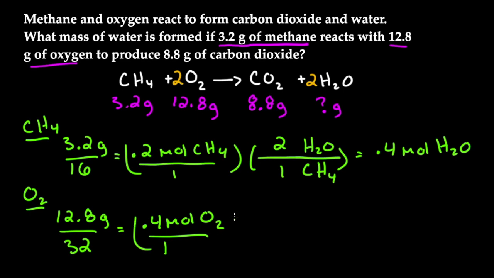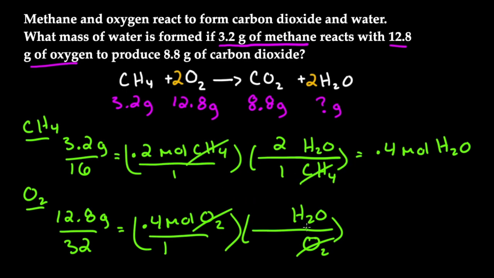And so what I'll do now is put oxygen on the bottom, and then I'll put the H2O up top. And this oxygen here will cancel with this oxygen here, just like the CH4 canceled with the CH4 there. Because there's a 2 right here, I'm going to put the 2 right there. And then there's a 2 right here for the water, so I get a 2 right there for the water.